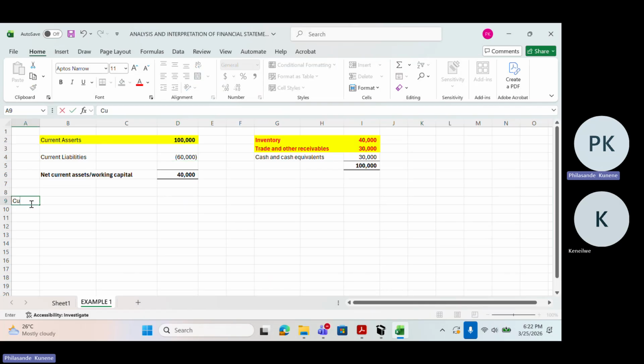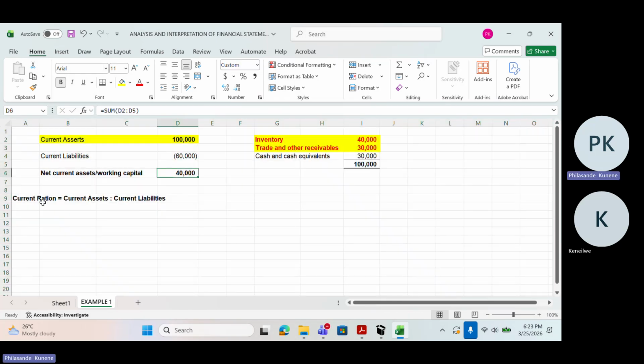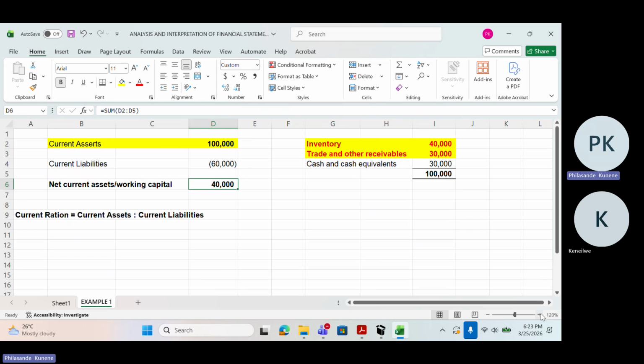Current ratio equals current assets is to current liabilities. We're actually trying to compare our current assets to current liabilities.